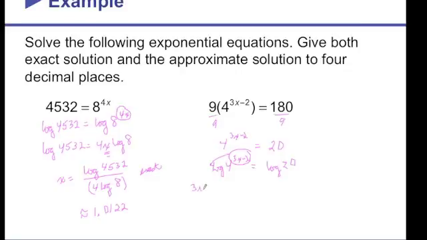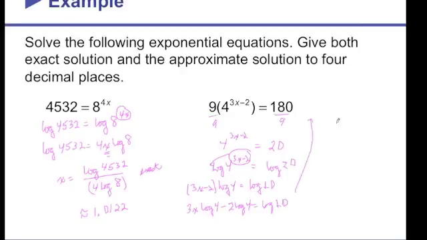So it'll be 3x minus 2 in parentheses times the log of 4 equals the log of 20. Use the distributive property: 3x times the log of 4 minus 2 times the log of 4 equals the log of 20.